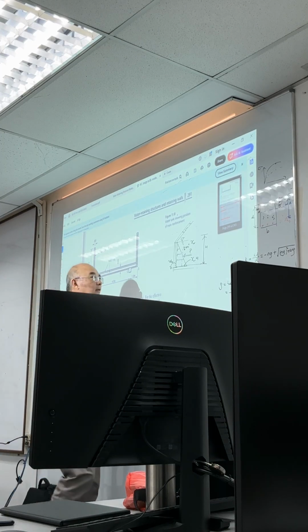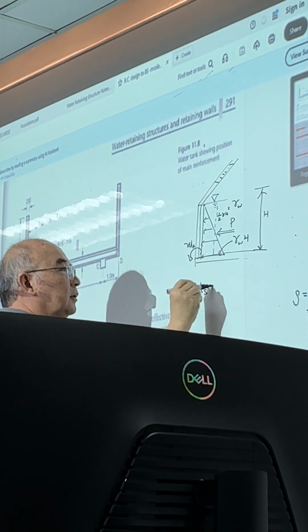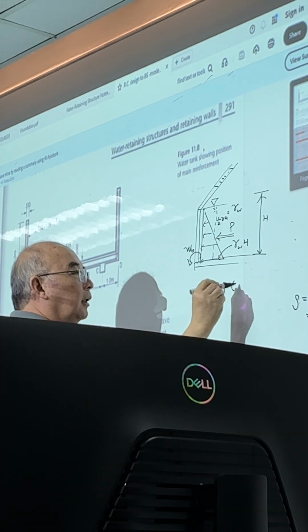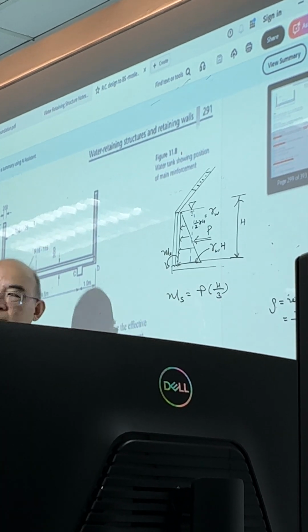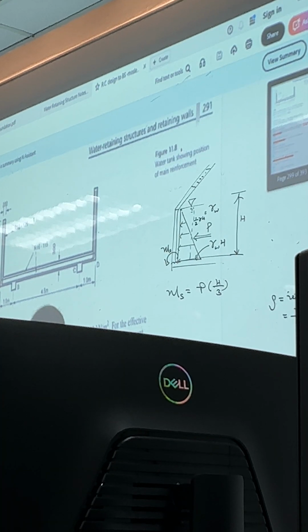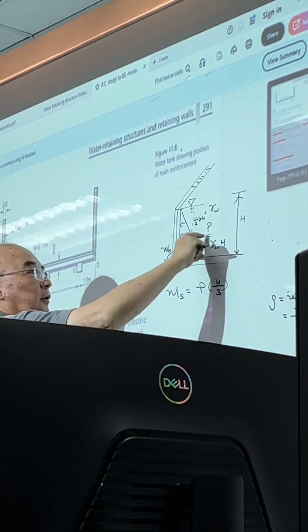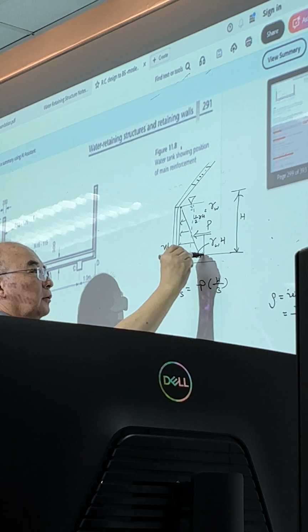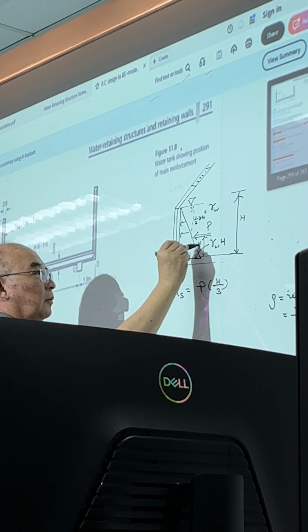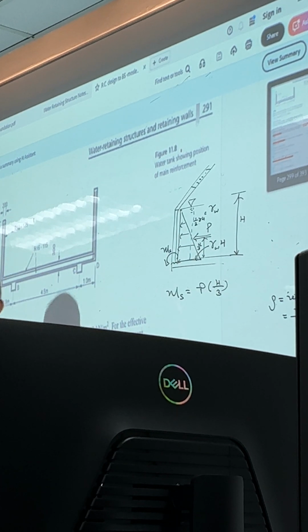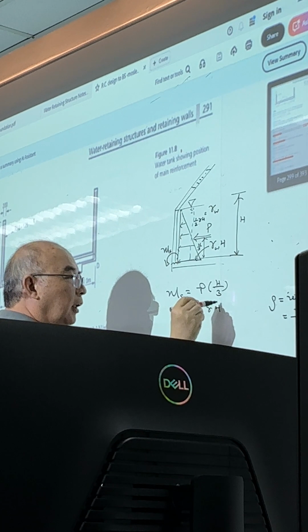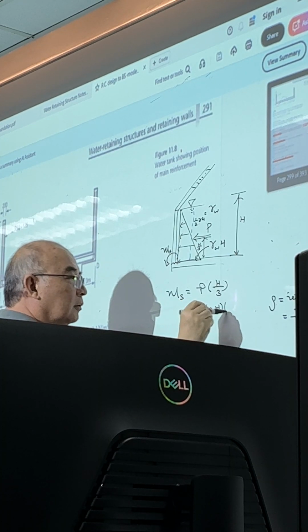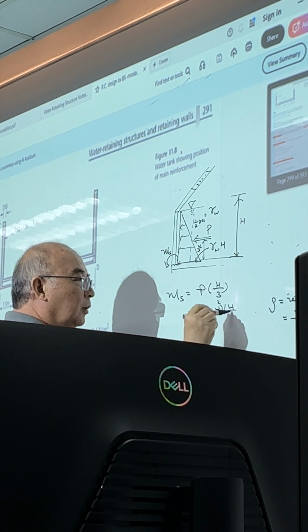Your service slope moment is equal to P times 1/3 of H. This is your H, this is 1/3 of H. And your P is 1/2 of gamma H squared, times H over 3.